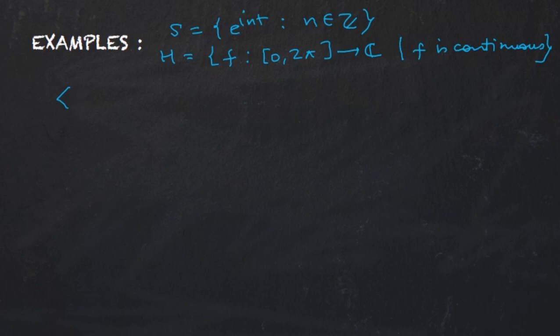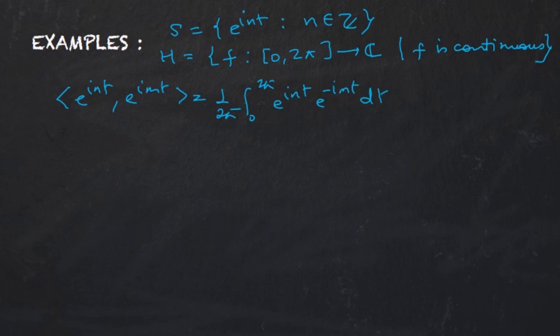Let's take e to the power int with e to the power imt. This is equal to 1 by 2 pi, integral 0 to 2 pi, e to the power int times the conjugate of e to the power imt, that is e to the power minus imt, dt. This inner product we have already defined earlier.